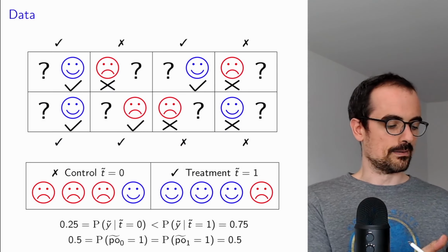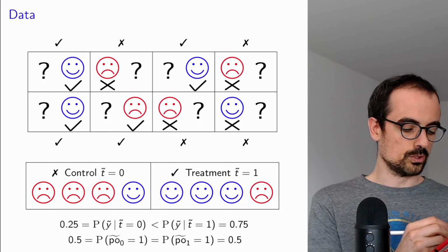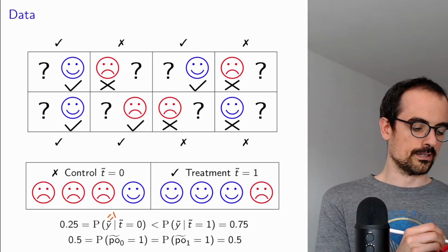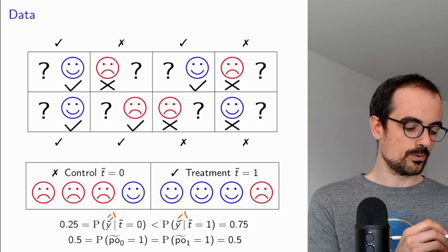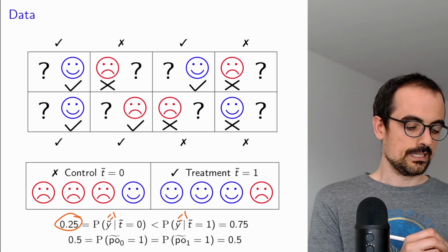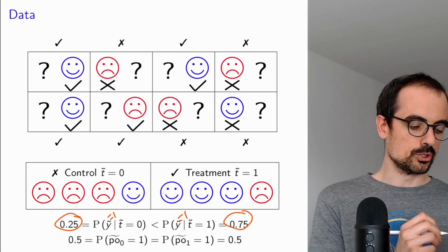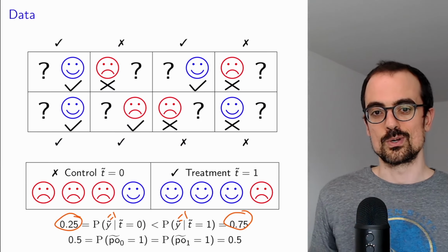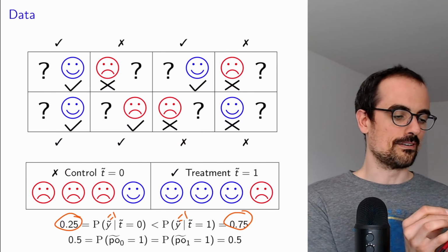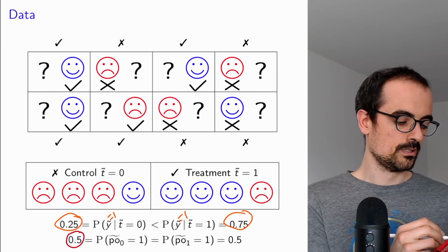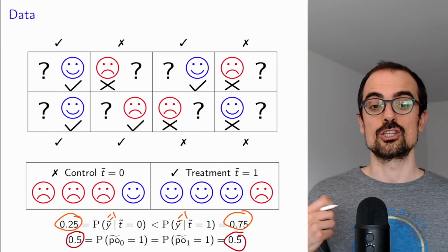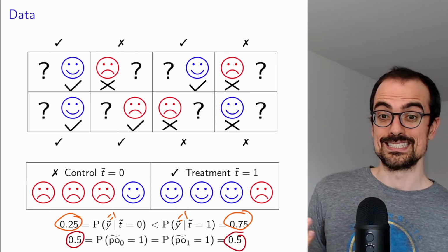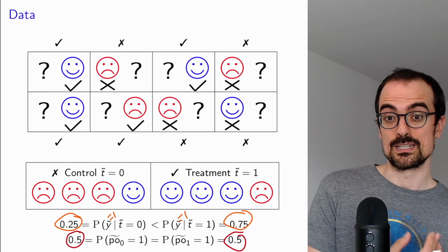Here, the probability of Y being equal to 1 given that the treatment is 0 is 0.25, and the probability of Y being equal to 1 given that the treatment is 1 is 0.75. Those are very different from the true probabilities that the potential outcomes are equal to 1, which are the same with and without treatment. The medicine is actually useless, but it seems effective.